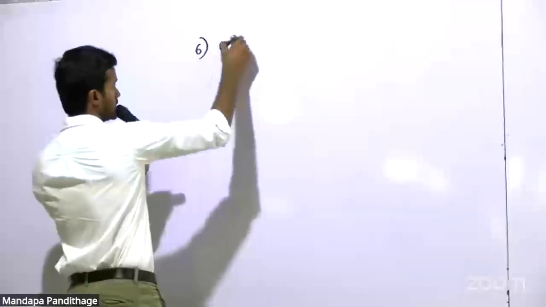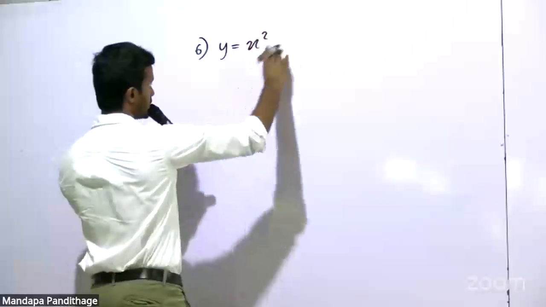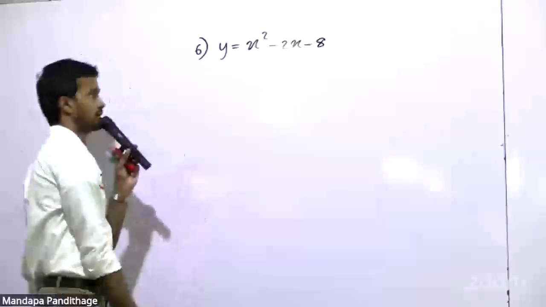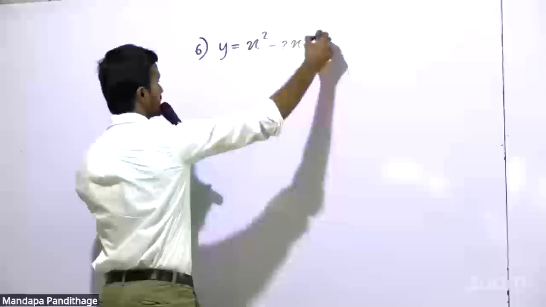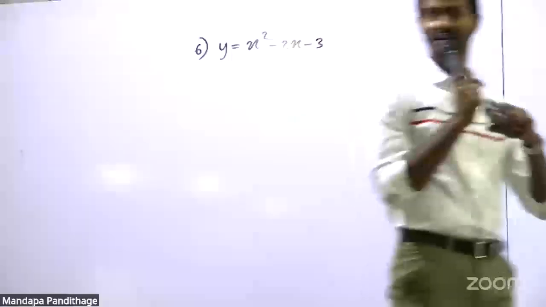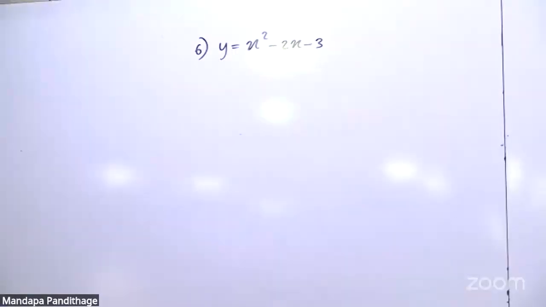I need you to sketch the graph of y equals x squared minus 2x minus 3. Not using the table. Table means minus 3, minus 2, minus 1, 0.